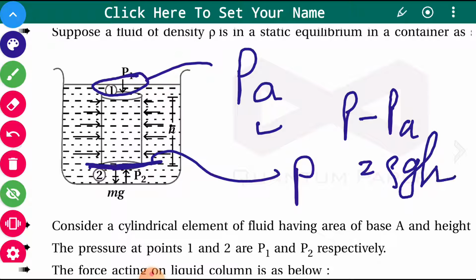So the change in pressure when you go from the surface to a depth h is rho g h, meaning rho g h amount of pressure is more at this depth h.